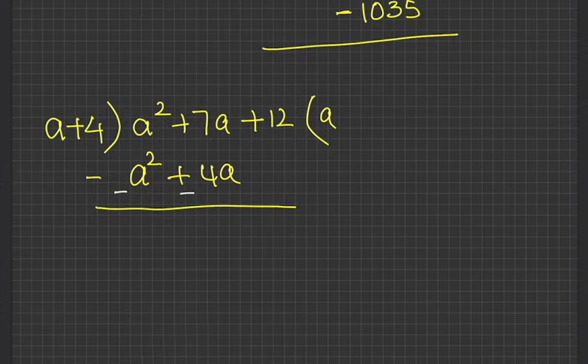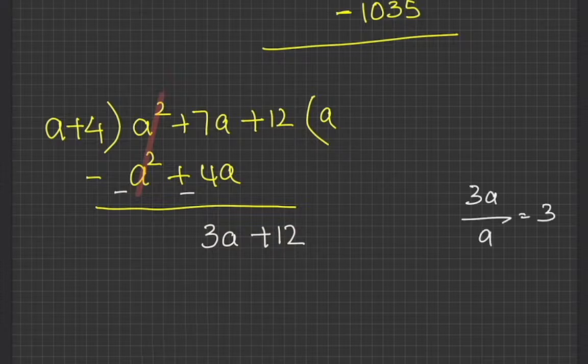Now it is going to become negative 4a, right? So this and this cancel. I'm left with 3a. I want to bring down 12. 3a divided by a will give me 3. So that's why it is plus 3.